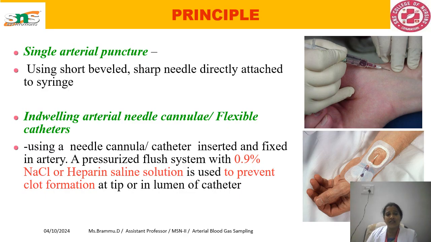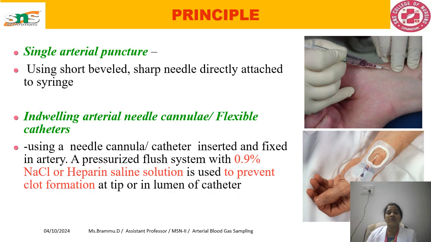Also check whether an indwelling arterial needle cannulation or any flexible catheter is already placed. If there is any cannula or catheter in the artery, as in post CABG patients, you can see in the CTO-OT or the CTO ICU, they will have an arterial cannula prefixed. So that can be used instead of constantly puncturing the artery.